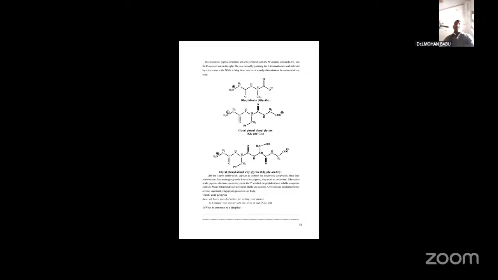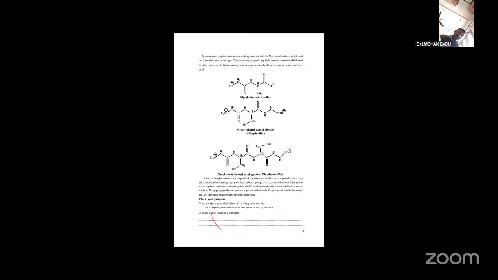For example, you can produce a polypeptide from alanine, valine, and phenylalanine. The alanine structure, you know that: NH2 and COOH with CH3.